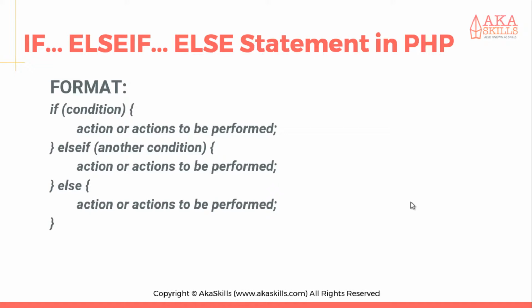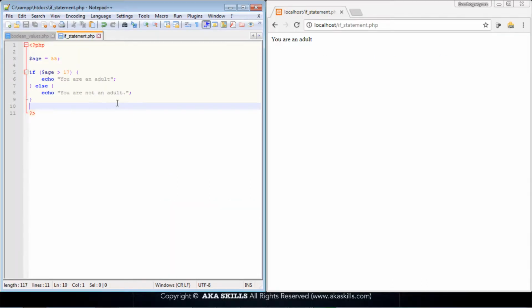Then you still follow the same pattern by specifying the action to be performed once that other condition is met within the curly bracket. You can have as many else if as possible. Once you are done with your else ifs, then if you may, you specify the else that will serve as a default.